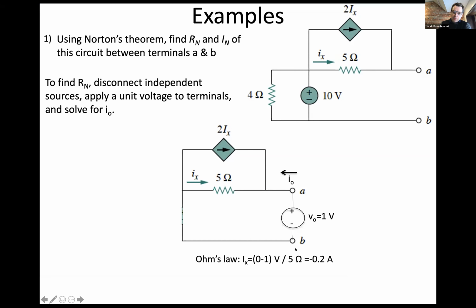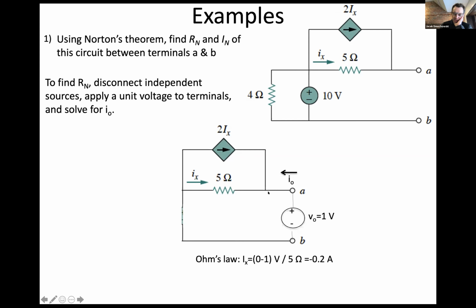But before that, I should have asked you for the expression for ix first. So let's go over this, and then I'm gonna try to get you to explain how I got this. I have written down that ix is equal to -1 volt over 5 ohms, which is minus 0.2 of an amp.